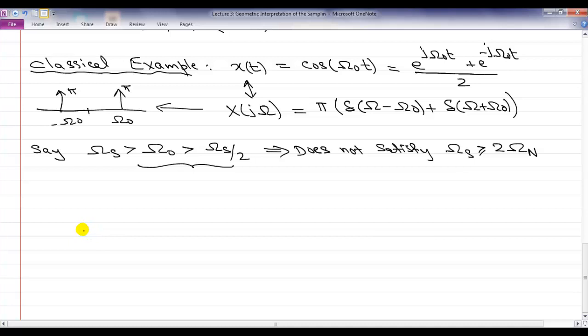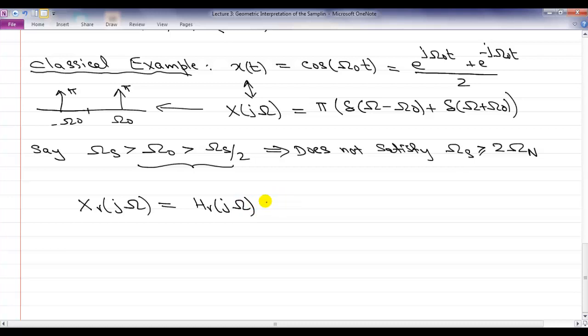And we will now try to look at what happens to our reconstruction. If you remember the formula from before, we have HR(jω) times multiple copies of X(jω).